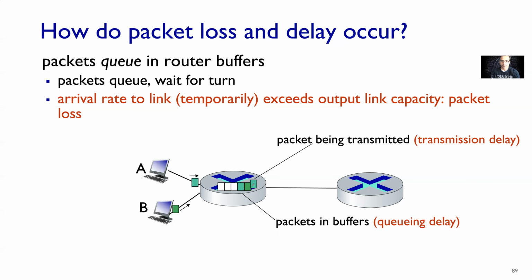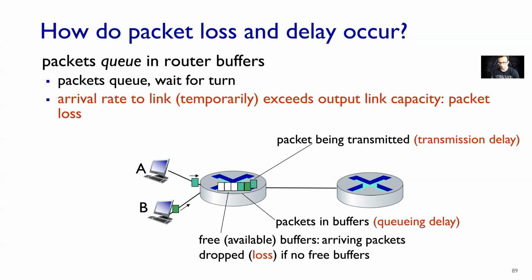So if you look at what's actually happening within a packet switch, when a packet is being transmitted, we refer to that particular delay as the transmission delay, which we'll look at. Packets that get stored in the buffer experience queuing delays till they can move forward to the head of the queue and be transmitted.